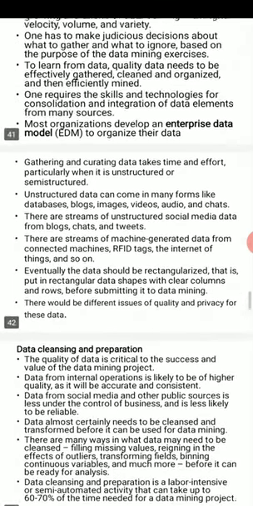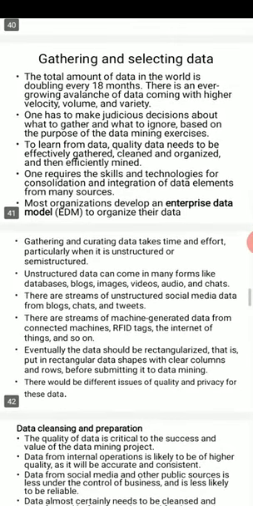Okay, so from here let us go in depth. Gathering and selecting data. The total amount of data in the world is doubling every 18 months. So there is an ever growing avalanche of data coming with higher velocity, volume and variety.